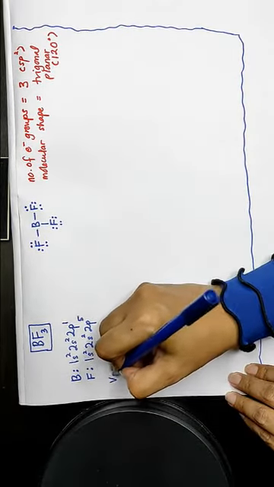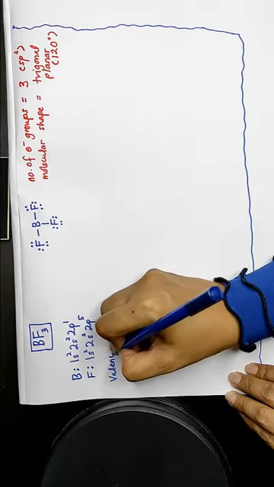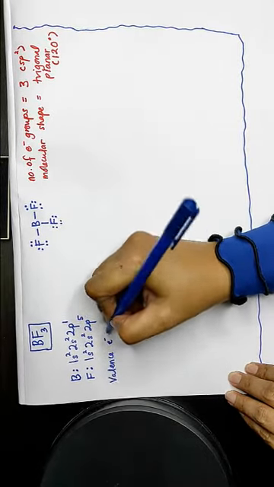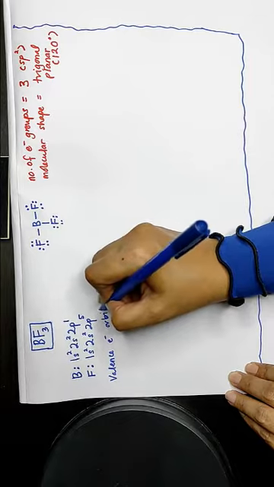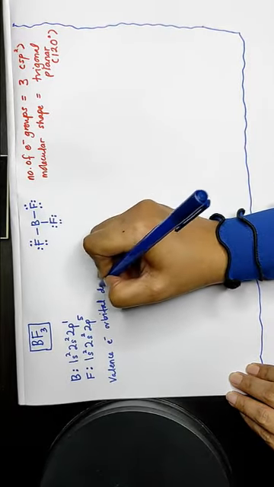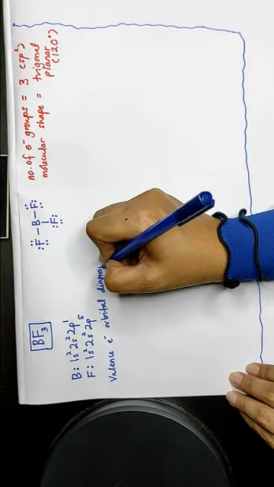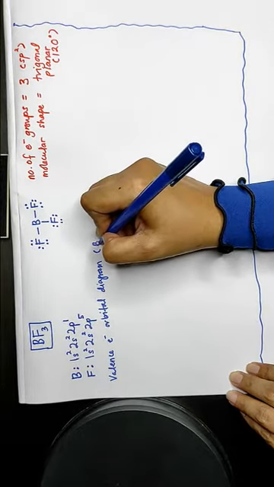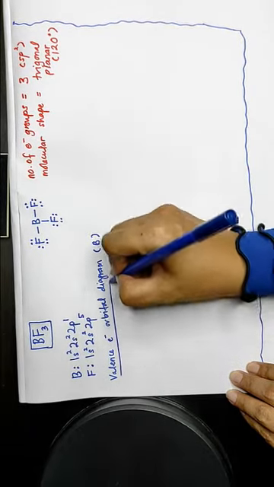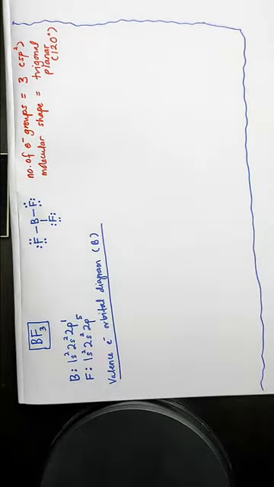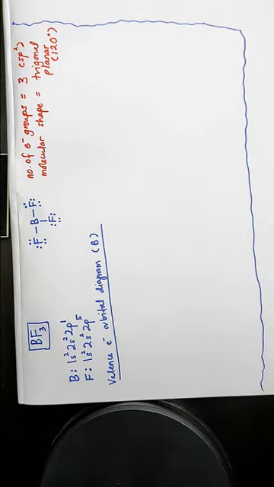Okay, so now draw the valence electron orbital diagram of boron, because boron undergoes hybridization. So we have to focus on the valence electrons of boron.